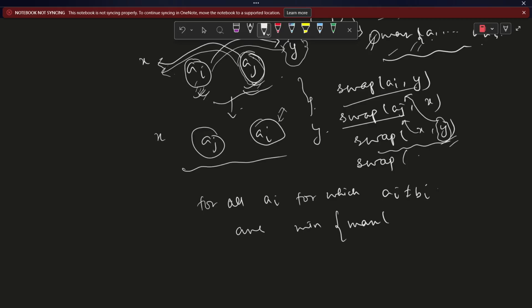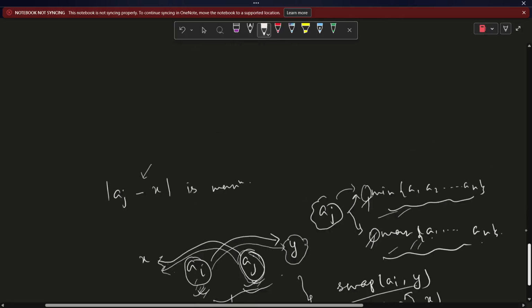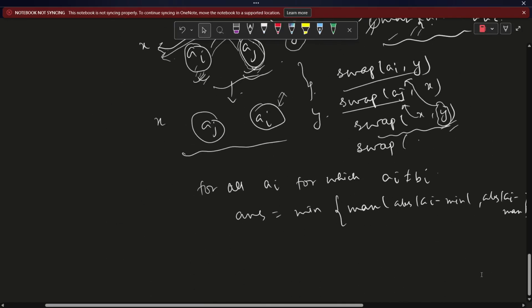So my answer is going to be the minimum of the maximum of absolute of AI minus minimum, comma, absolute of AI minus maximum. Okay, and that's all.